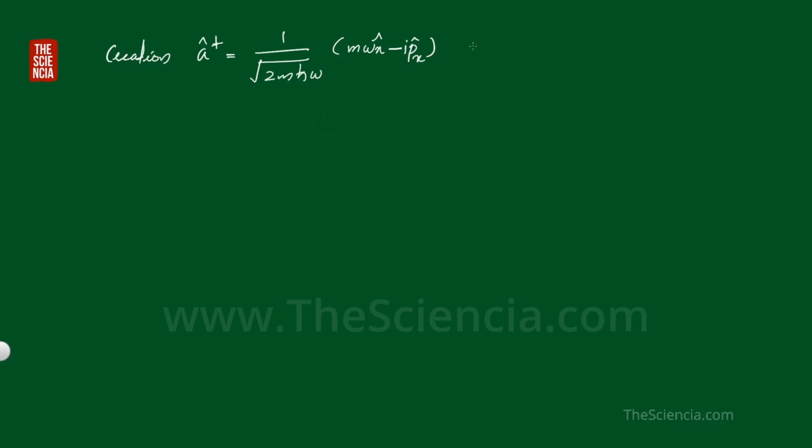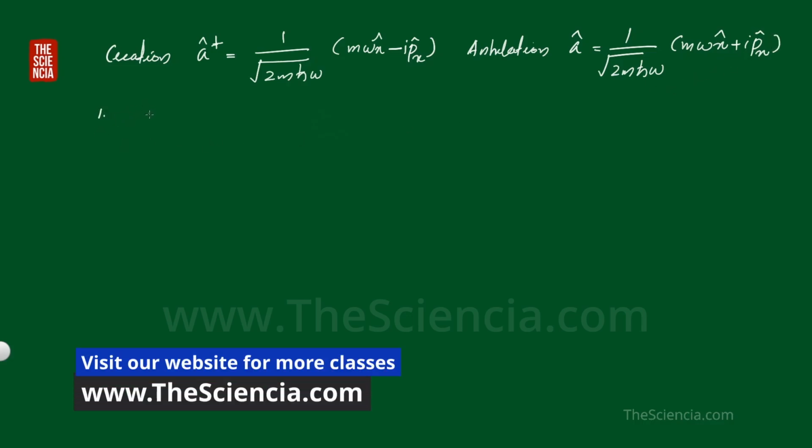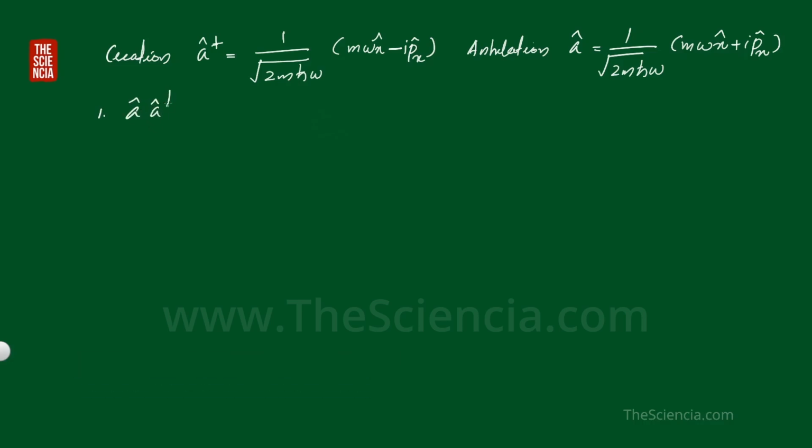And we know the annihilation operator a is equal to 1/√(2mħω) (mω x cap + i p_x cap). Now we are going to find out some combinations of creation and annihilation operators. First one is a a dagger, second one is a dagger a, and the third one is the commutator of a and a dagger, and some other combinations also.